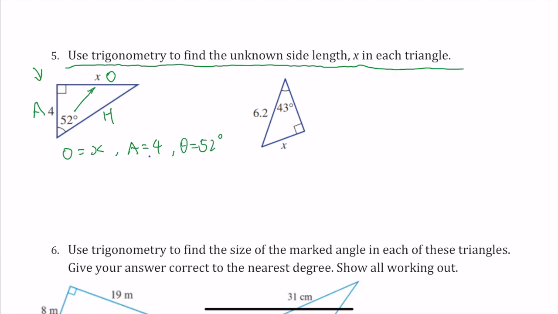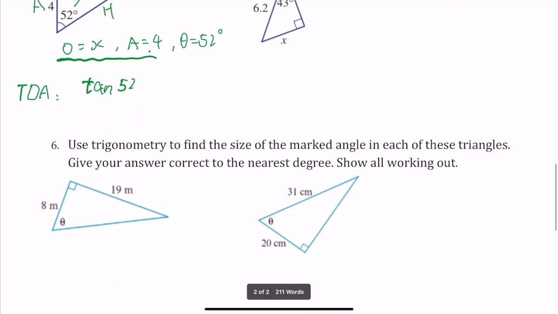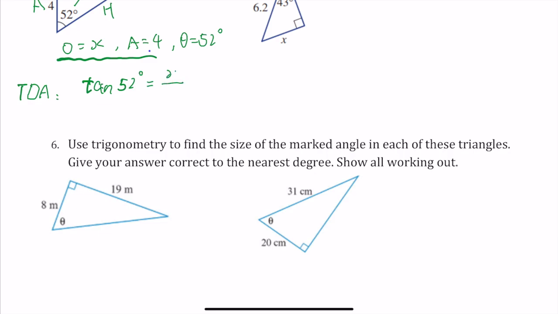So you know O and A, which means you are going to select TOA, tan. So tan 42 degrees equals x over 4.